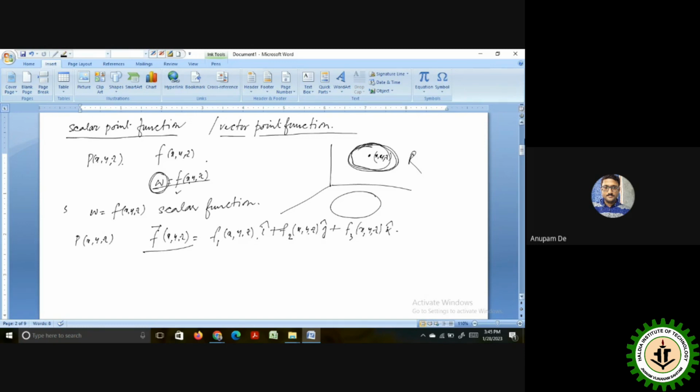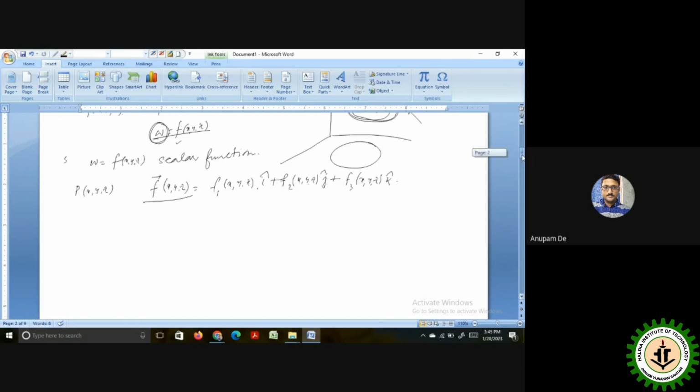Like your partial derivative, here we are going to define the grad operator. Grad, or it is sometimes called gradient. Its symbol is del, an inverted delta. Sometimes people call it del, or it is also called nabla.